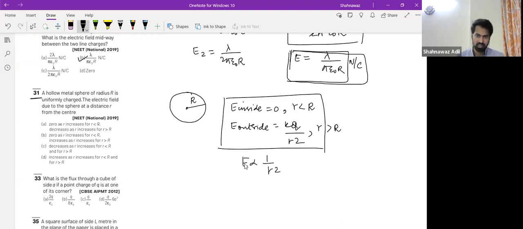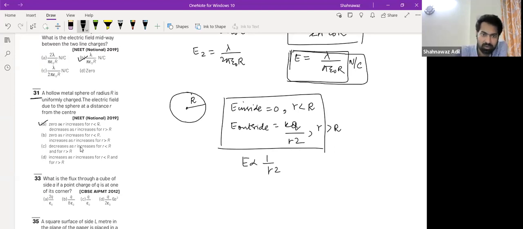Decrease, because it is inversely proportional to r square. So if I increase r, this will decrease my electric field. So this option is correct, right? Any doubt in this question, guys? No, sir.